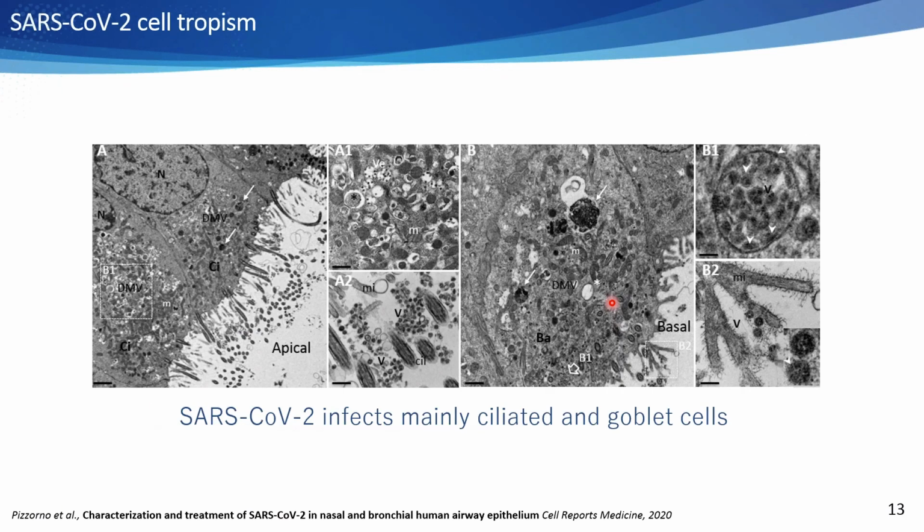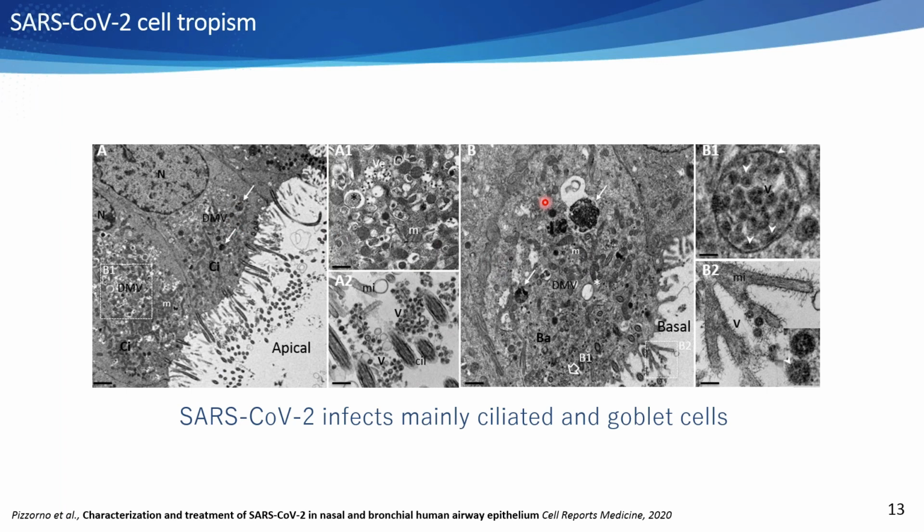Okay. This model could also serve as a basis to visualize cell tropism. So these pictures are electron microscopy pictures, where you could see the presence of packs of viruses, represented here by these arrows, in some vesicles present inside the ciliated cells, but also inside the goblet cells.